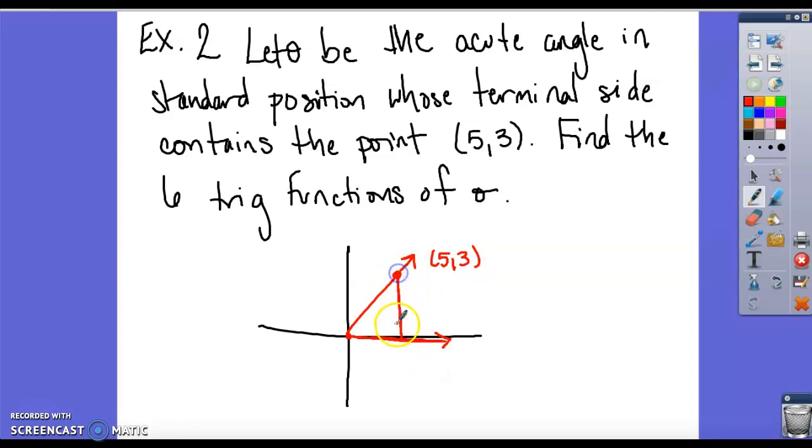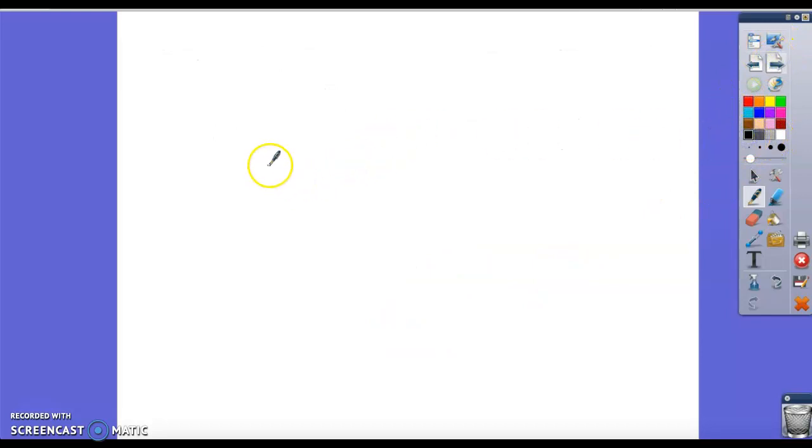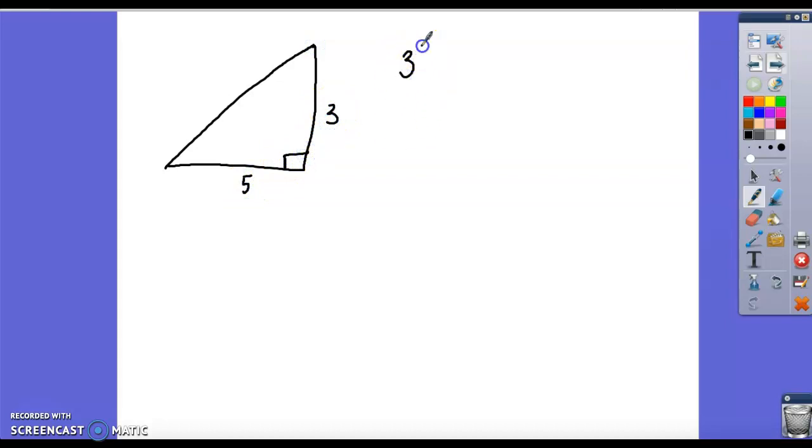That means on a graph, the horizontal distance of this triangle is 5 and the vertical distance is 3. So I'm working with a triangle that looks like this.